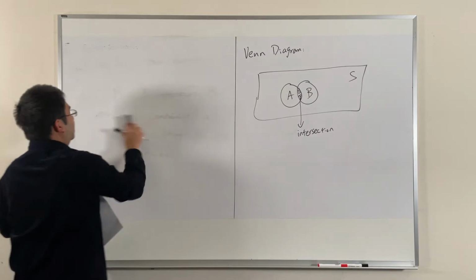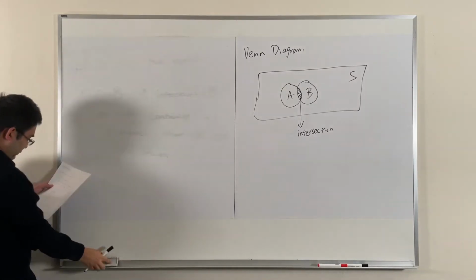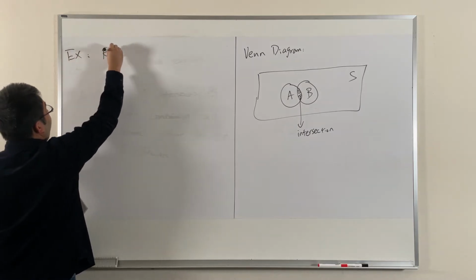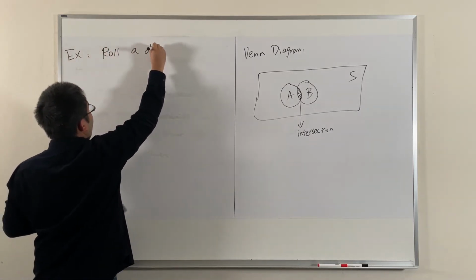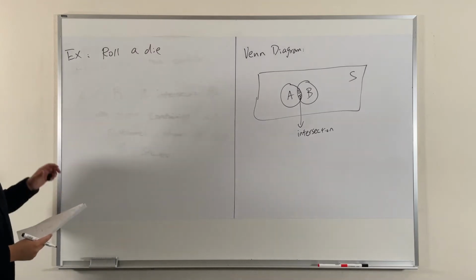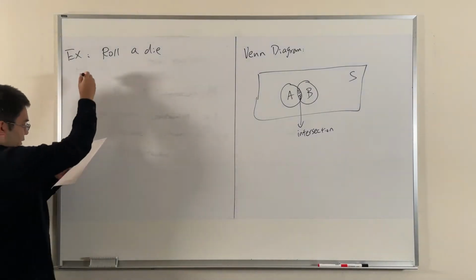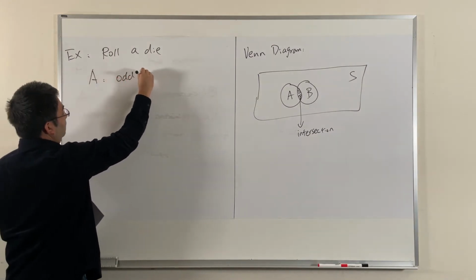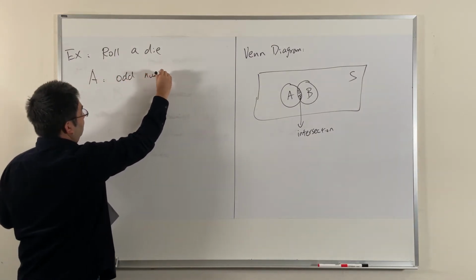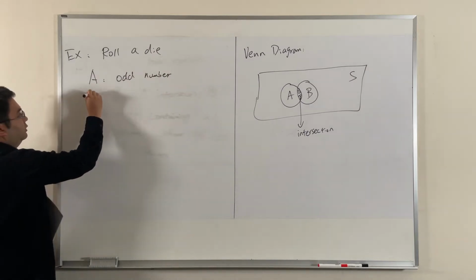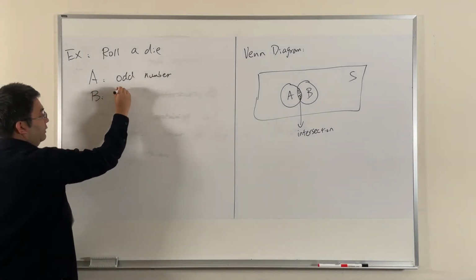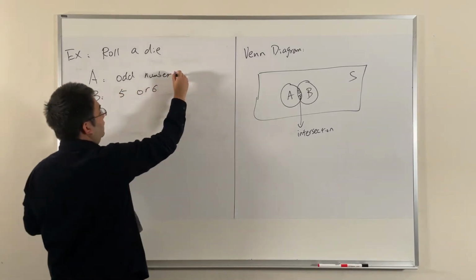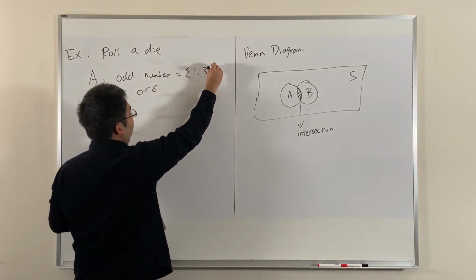In this example, we're going to roll a die. Let's say event A is we get an odd number, and event B is that we get a 5 or a 6. When we say odd numbers, we mean 1, 3, 5.